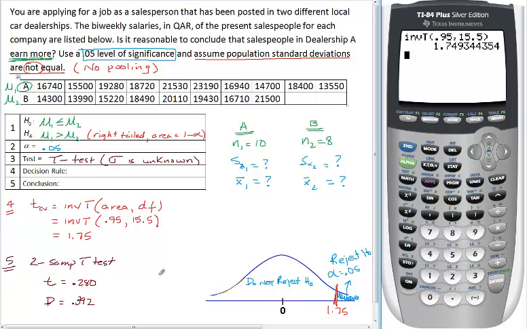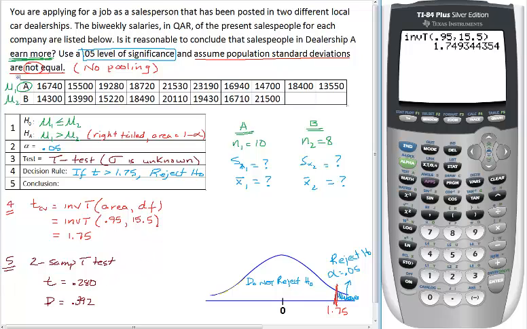Now, the decision rule, therefore, is what for step 4? If the test value we get in step 5 is greater than our critical value, because it's a right-tailed test, 1.75, then we're going to reject the null hypothesis. However, we've already done step 5.